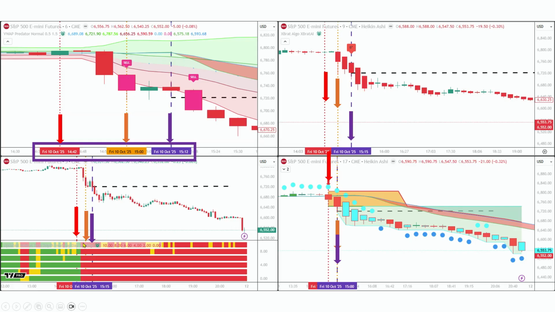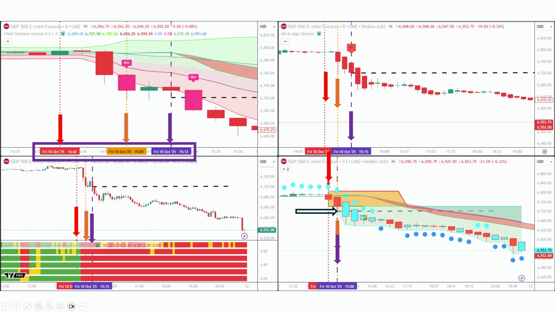As long as the bias depth heat map doesn't change in the meantime, the expert algo is the last one at 1512 this time, and we get in. So we get in slightly later at this point here. You can see on the top right, my 6-star sell signal was here. When that candle closes is in reality our trade, and that goes down to this point here. Still a decent trade.